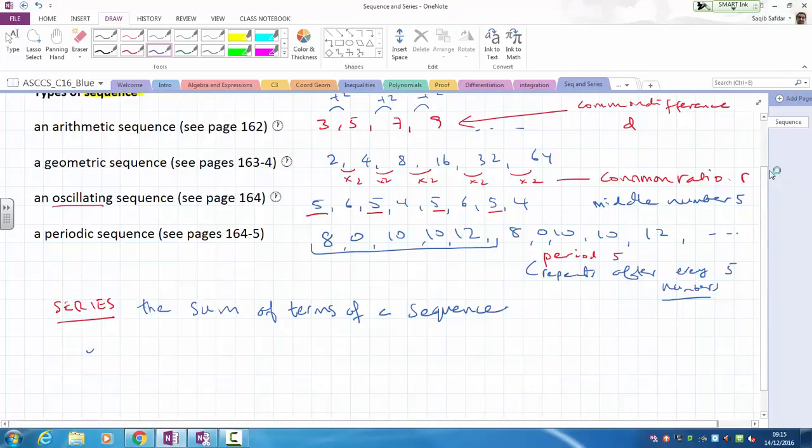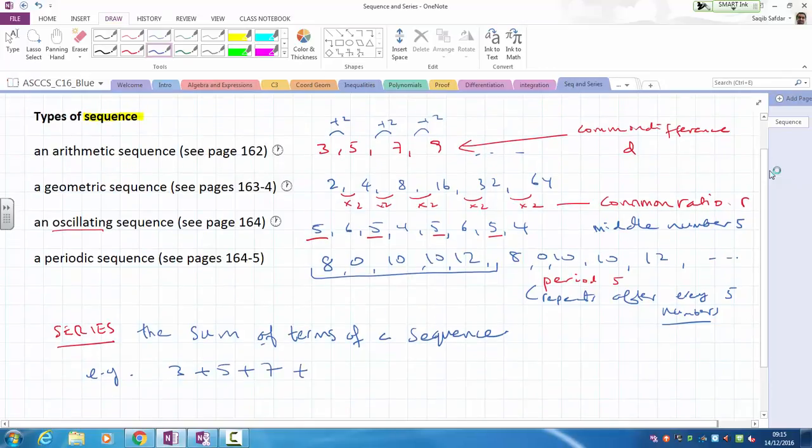So, for example, if I took my arithmetic sequence there and I wrote 3 plus 5 plus 7 plus 9, this now gives me a series where I'm adding this sequence.